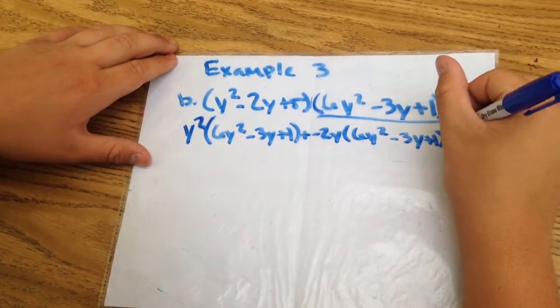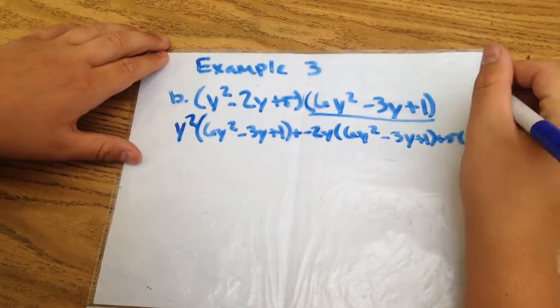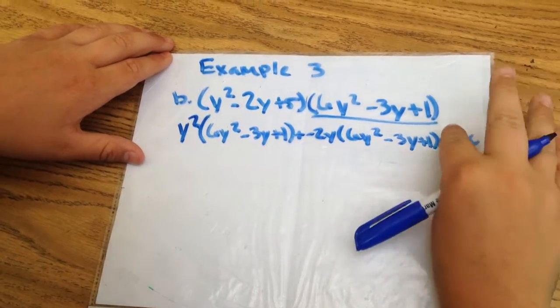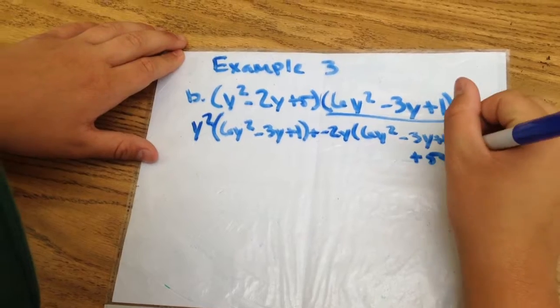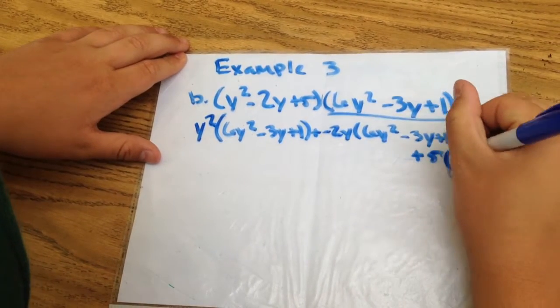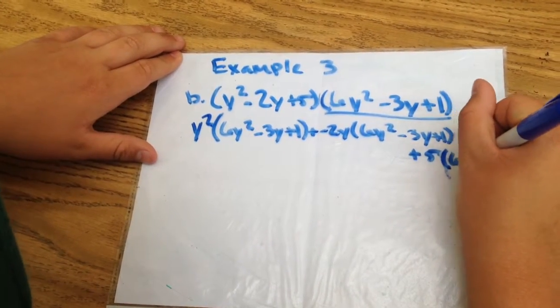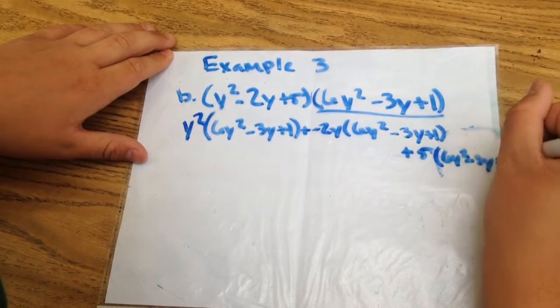And the last term, I'm going to rewrite it down here, plus 5y, or plus 5 times 6y squared minus 3y plus 1.